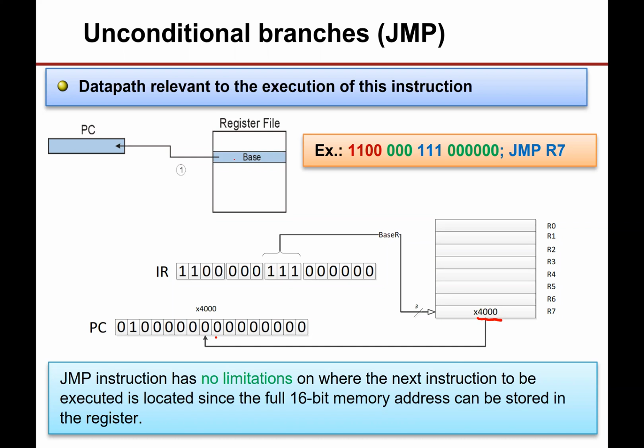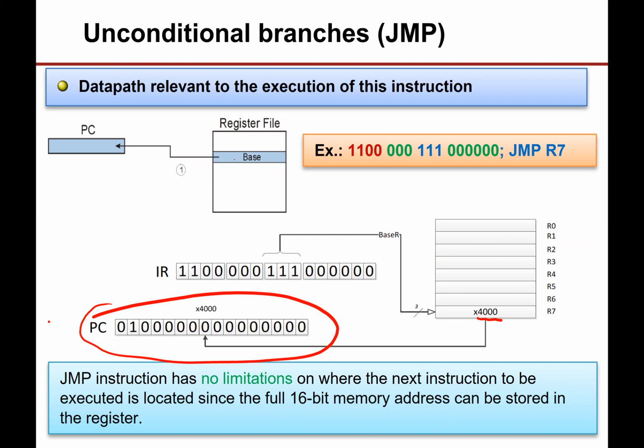So this means the sequence will start at x4000 after executing this instruction. For the jump instruction, because the memory location is written into the base register, there is actually no limitation. For the conditional branch, there is.